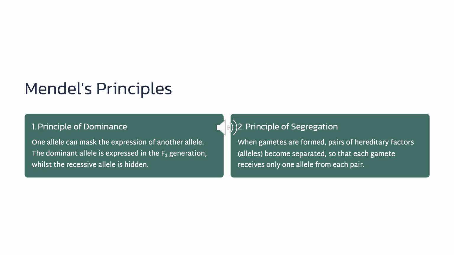You can see that the dominant allele is expressed in the F1 generation while the recessive allele is masked or hidden. And the second principle, the principle of segregation: when gametes are formed, the pairs of hereditary factors, the alleles, become separated so that each gamete receives only one allele from each pair.